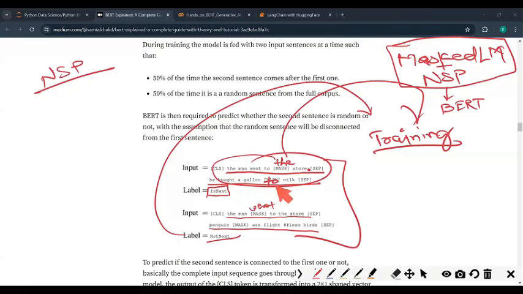You're training it to predict the middle word, the masked word, and you're training it to predict the next statement. So it will be capable of question answering, text generation, or completing a statement. It will be ready for all of that since you have these two things inside BERT.